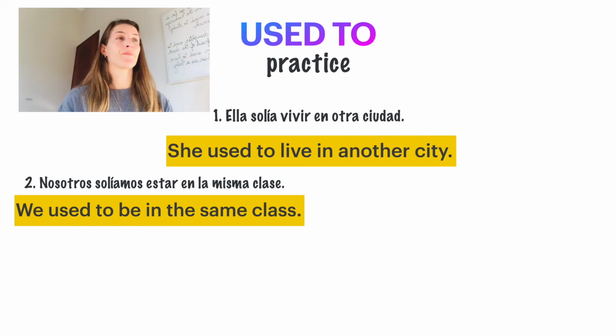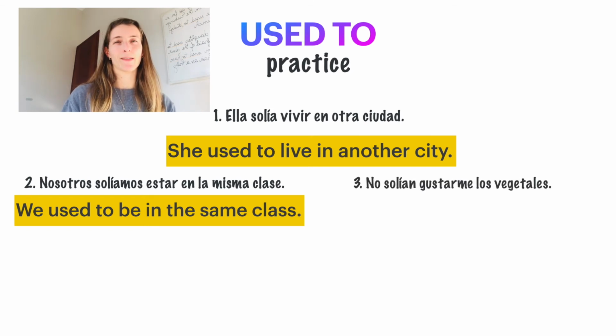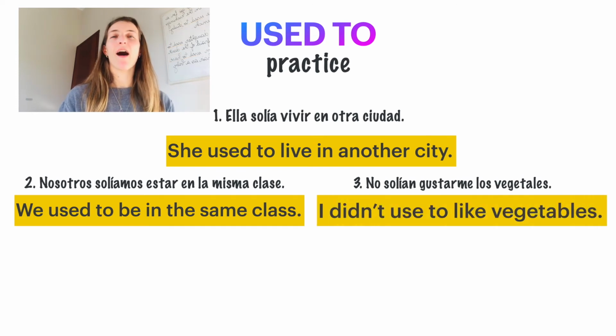Number 3. No solían gustarme los vegetales cuando yo era chica. So, I will say, I didn't used to like vegetables. I didn't use, attention here, I didn't use, sin la D final, porque está el didn't de la negación, I didn't used to like vegetables.